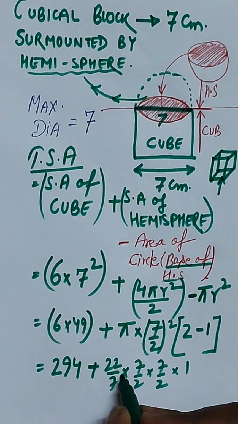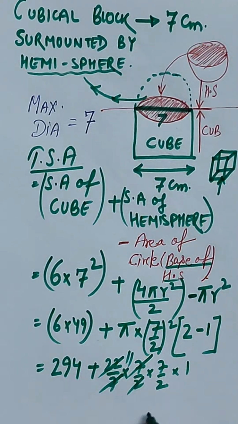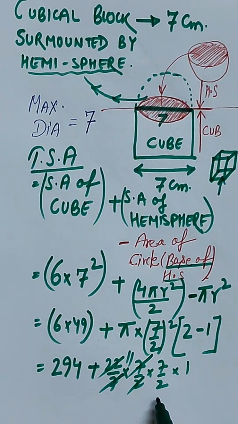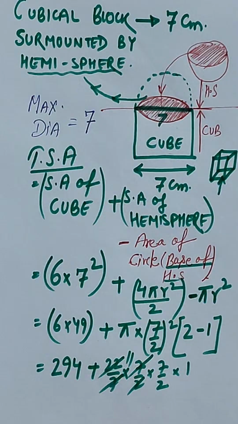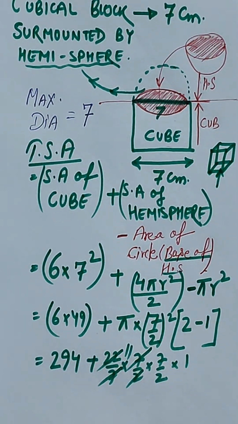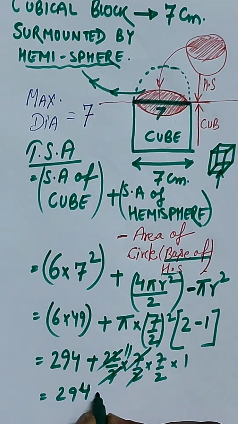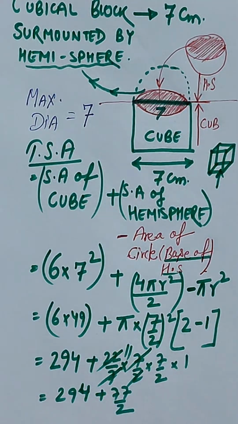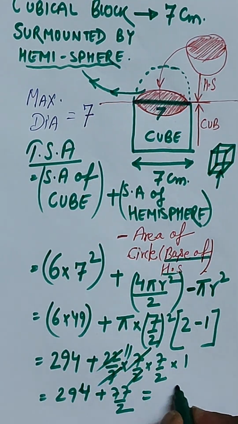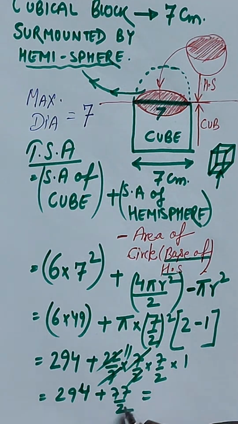When you just solve it, 7 will be cancelled, 2 will divide this 22 in 11 times, so it will be coming as 77 by 2, right? So the final surface area of the given shape is calculated as 294 plus 77 by 2.